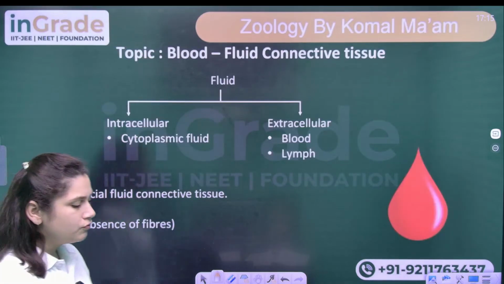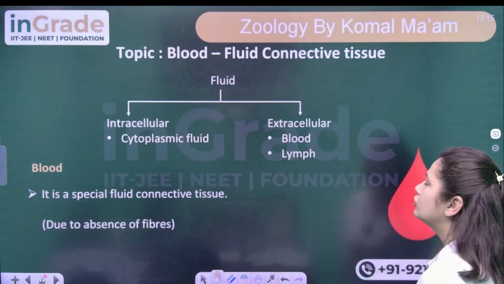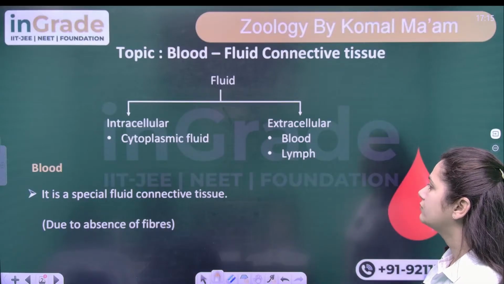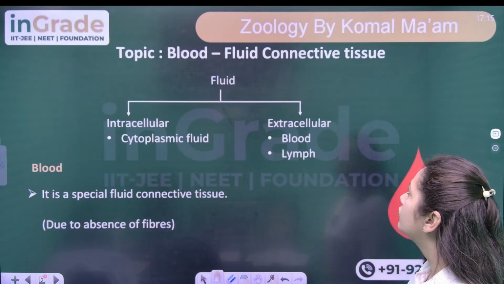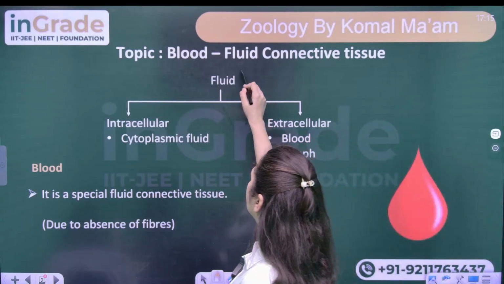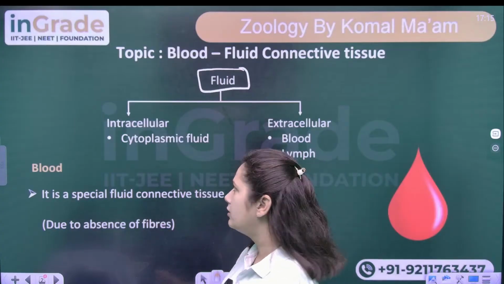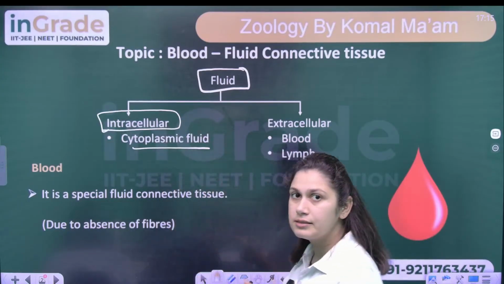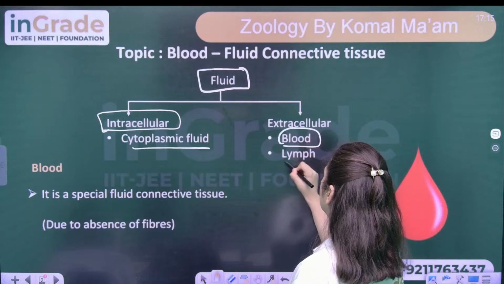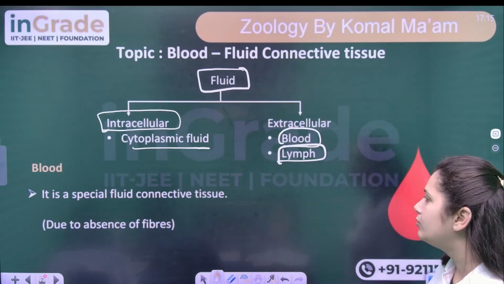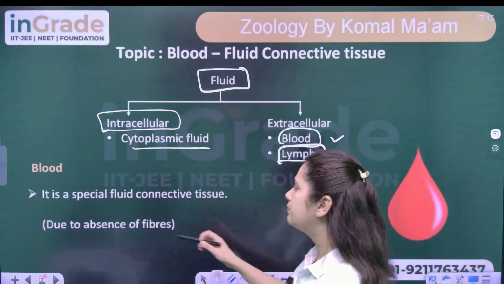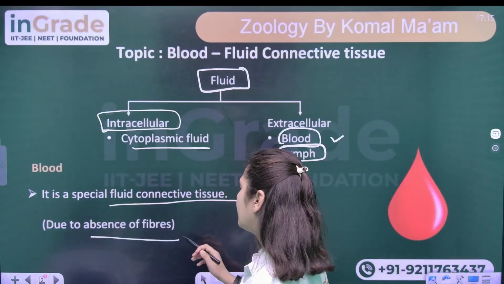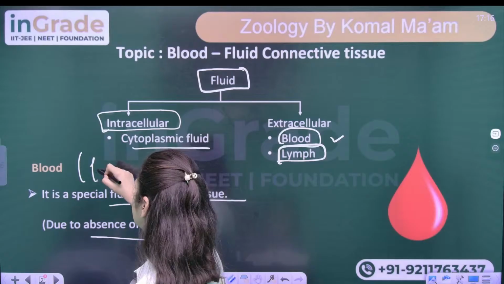Okay, so if we talk about blood, blood has two components. Firstly the fluid, we have two types of fluid in our body. One is present in our cell, that is intracellular, which is cytoplasm, and the next is extracellular, which is blood and lymph. Okay class, now firstly we'll talk about blood. It is a special fluid connective tissue which has an absence of fibers, it is fiberless.